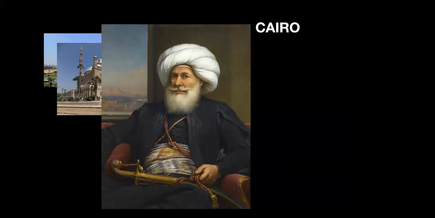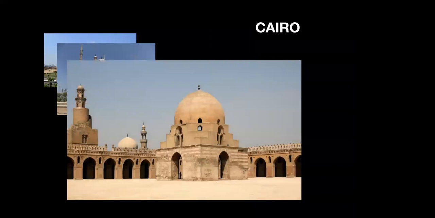So Napoleon and his army just left, and he was appointed as the governor of Egypt, and he established his own dynasty, fought against the Ottomans, and Egypt became an independent state, starting with this Muhammad Ali. That is why he is regarded to be the founder of modern Egypt.